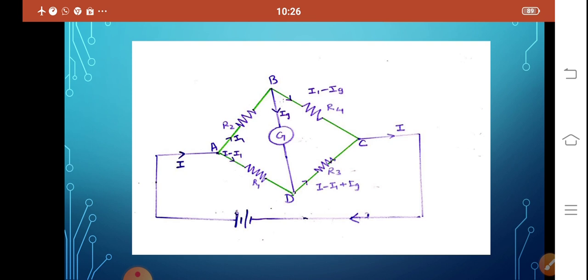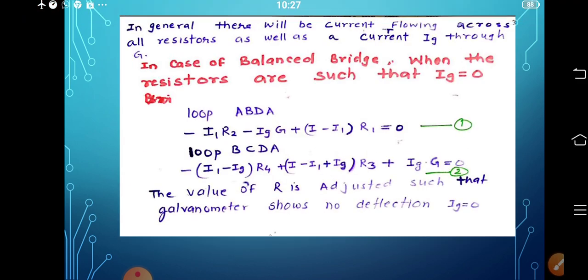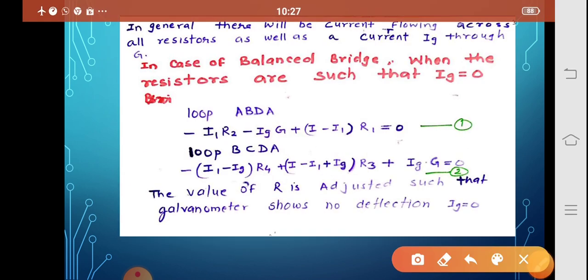So when we go from A to B, it will be minus I1 R2, minus IgG, and plus R1 into I minus I1. See here, this is the sign by using sign convention: minus I1 R2 minus IgG plus I minus I1 into R1.